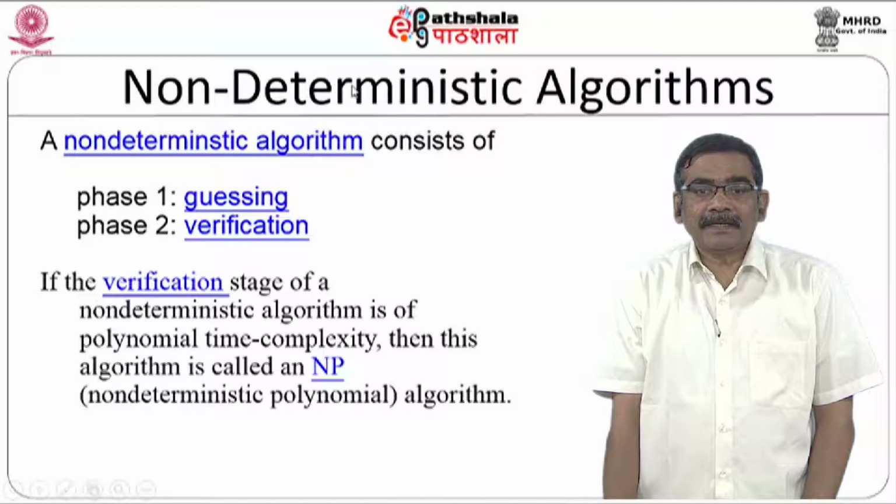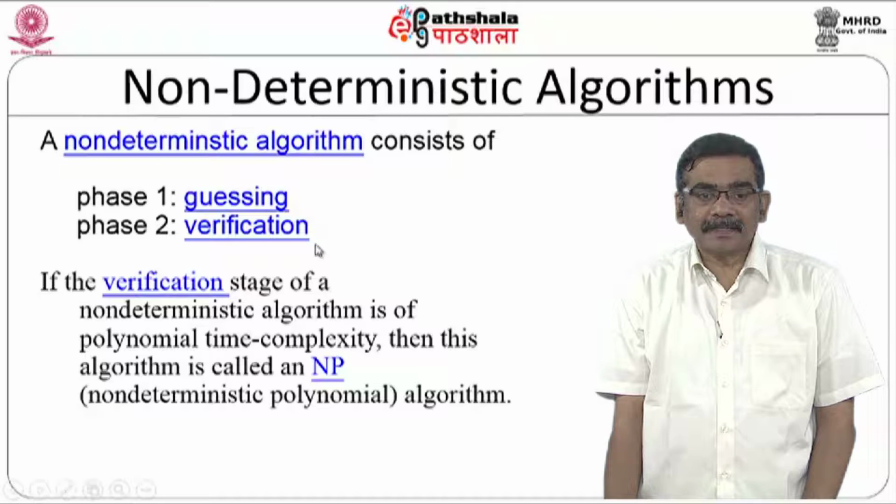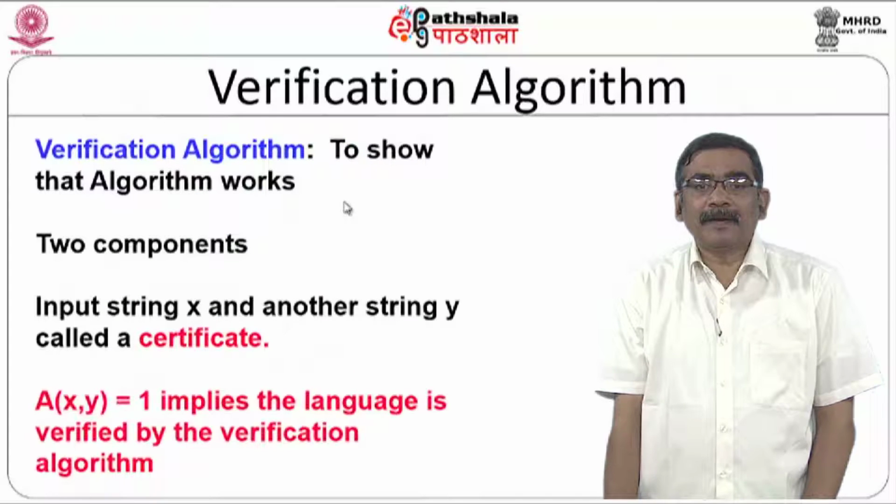Then we will construct the non-deterministic algorithm like this. The non-deterministic algorithm consists of two steps. One is called the guessing stage and another is called the verification stage. In the guessing stage, we are going to generate lots of guesses, and in the verification stage, we are going to verify the generated guess, and we are going to say whether the problem is an NP complete problem or not.